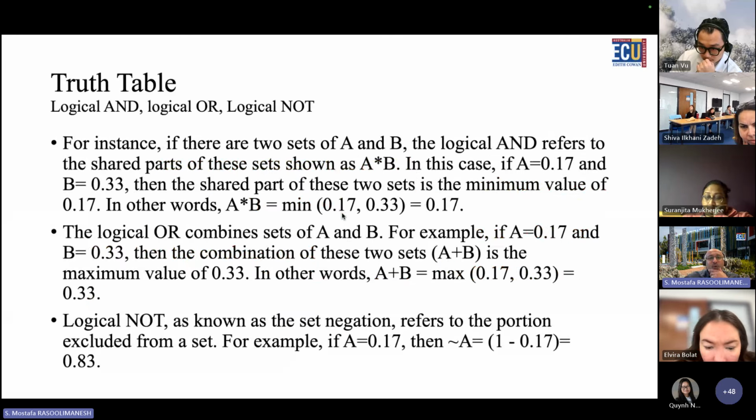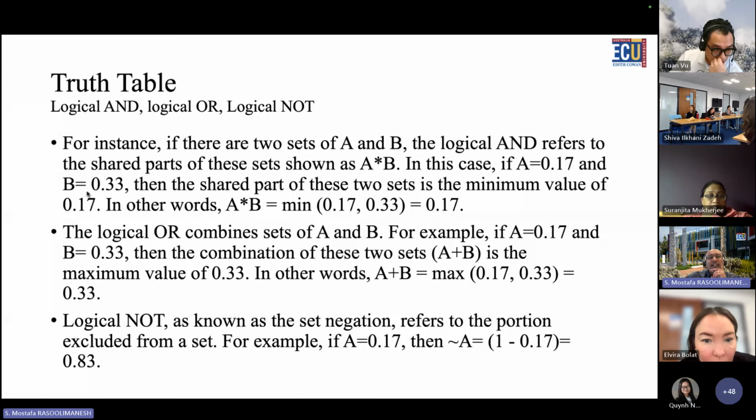Before that, just see this example. For example, if the value of A is 0.17, you remember when we calibrate, all values and all data are between 0 and 1, right? The value of factor A is 0.17.